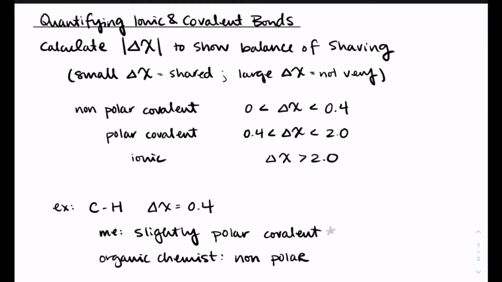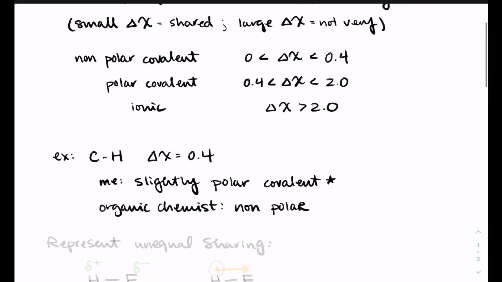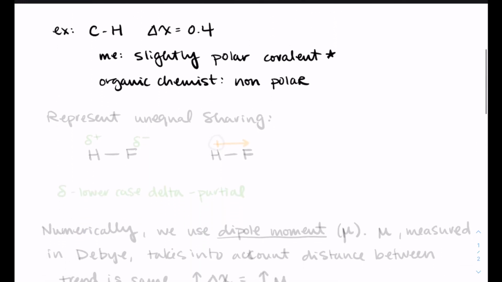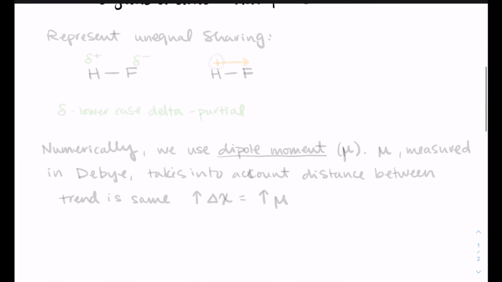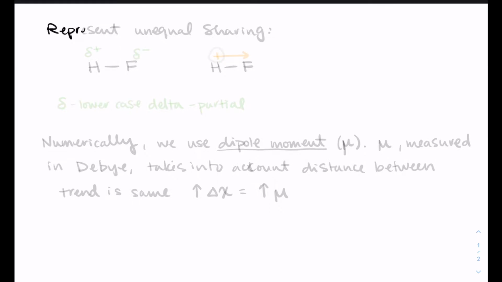If you ask an organic chemist, they would just say this is nonpolar. Why are you wasting my time by asking me this question? So even when chemists talk about these things, there will be differences, but this is just to give you a frame to know that there are ranges and that we will talk about two different types of covalent bonds that just refers to the degree of sharing that occurs for the electrons.